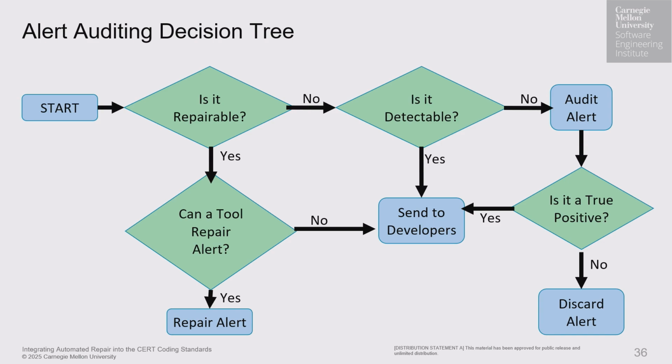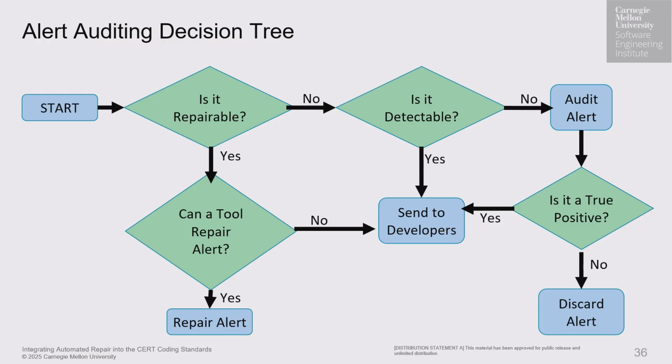If you give me an alert that is not repairable but is detectable, then that means that the tool that claimed the alert should be following an algorithm that has no false positives or no false negatives, so I shouldn't need to second guess it. So for a detectable alert, just send that to the developers saying, don't waste my time with this rule. Just go ahead and fix it.